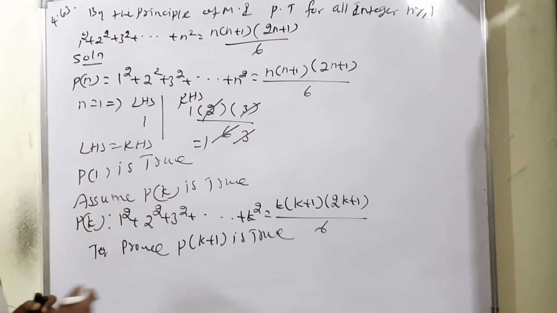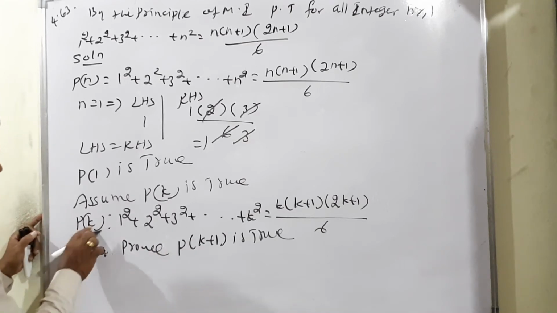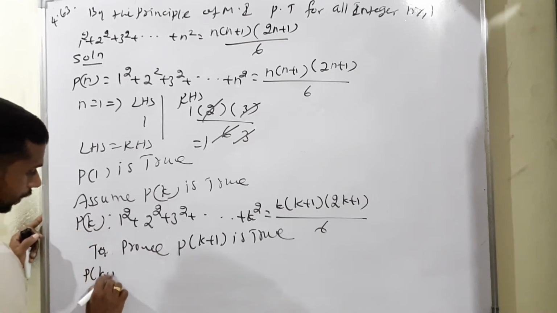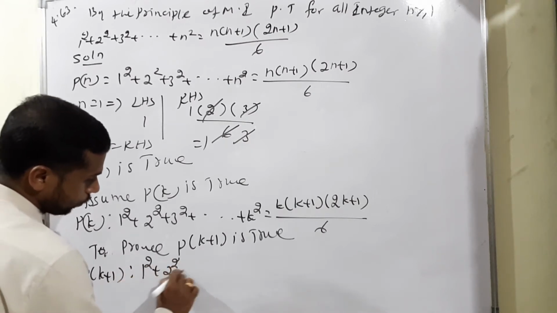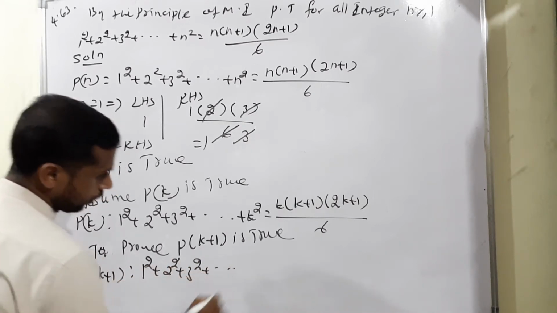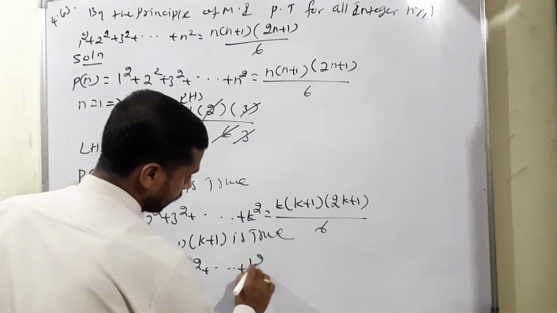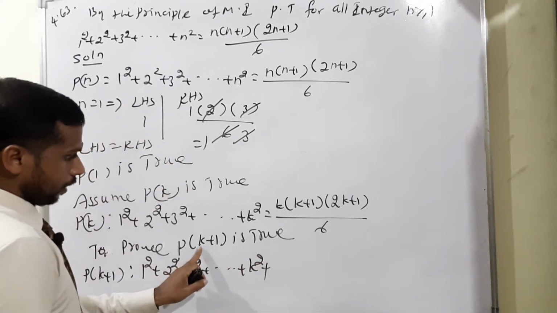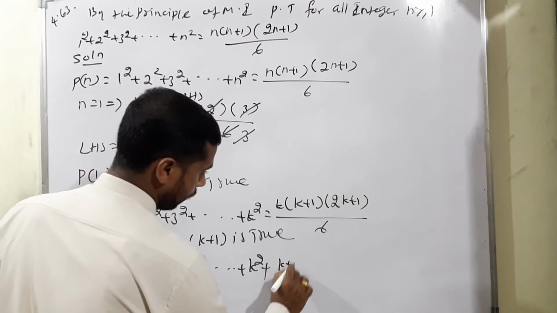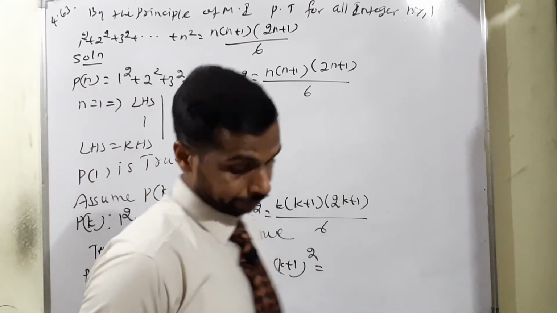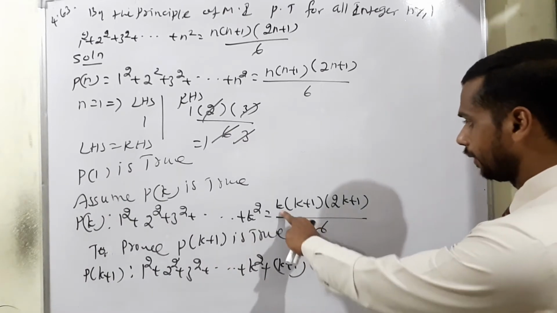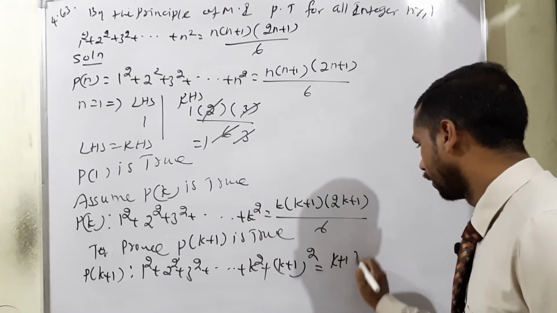Okay, so P of k plus 1 is true. What will happen? P of k plus 1 is true means instead of k we have to write k plus 1: 1 square plus 2 square plus 3 square dot dot dot up to k square, again plus k plus 1 the whole square, isn't it? So k plus 1 the whole square is equal to, here what will happen? On the opposite side, k we can write as k plus 1.